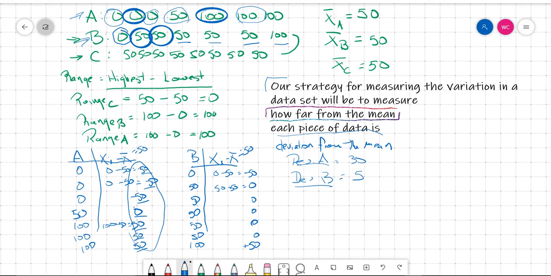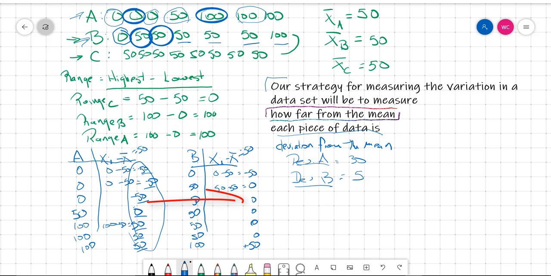Well, we could just take the average of these. That's kind of a summary of these. And that sounds like a good idea, but it doesn't really work, because when you take the average of these, you're going to get 0, because here you have minus 50 and plus 50, and you're going to get 0.